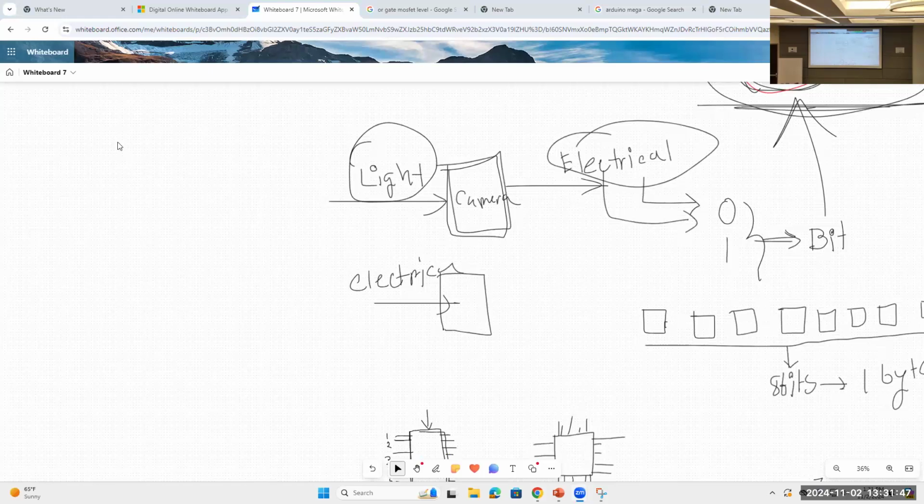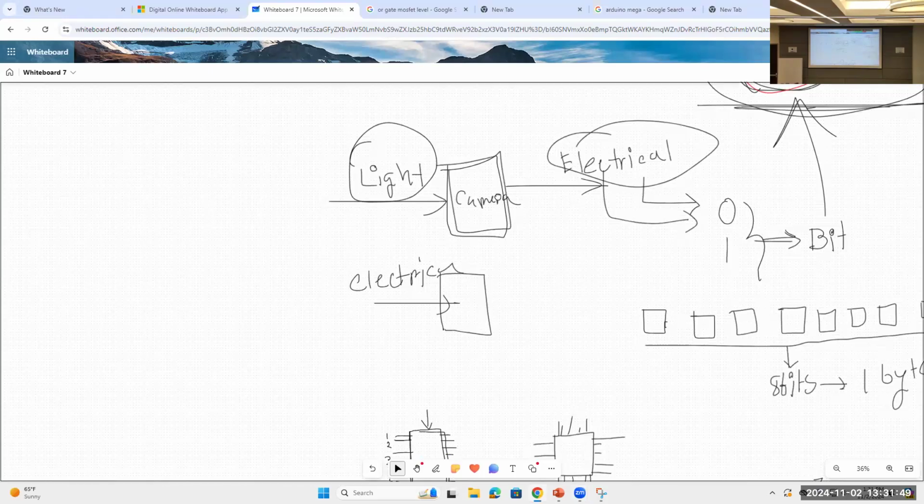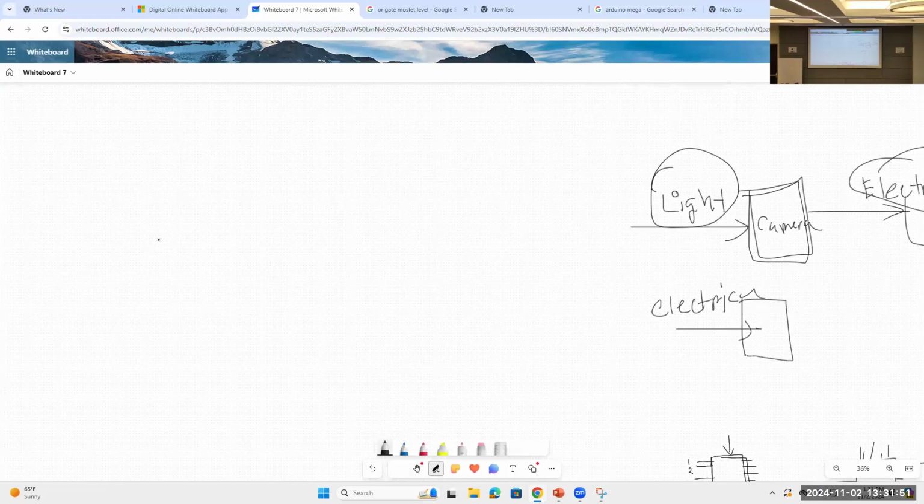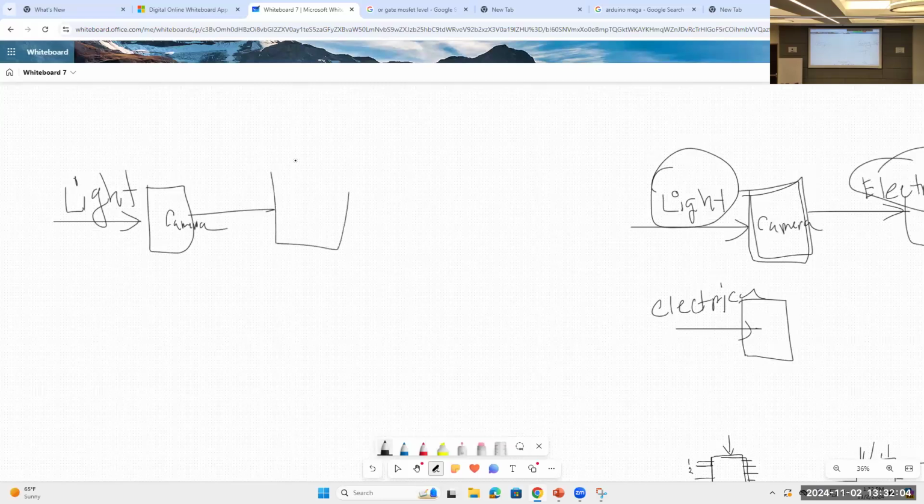Suppose there is a camera converting the light signal to an electrical signal. This can either be saved in a memory or processed in a processor.